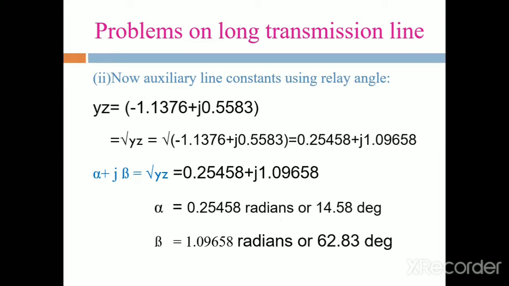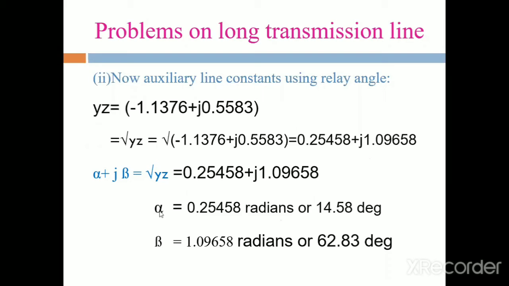We have calculated the value of root yz as 0.25458 plus j 1.09658, which equals alpha plus j beta, where this part is alpha and this part is beta.